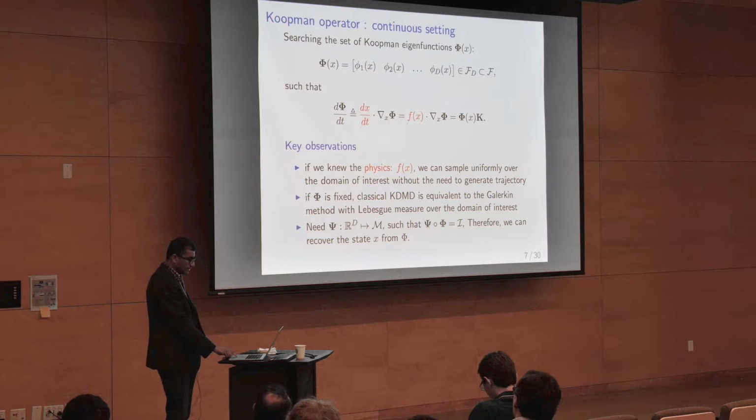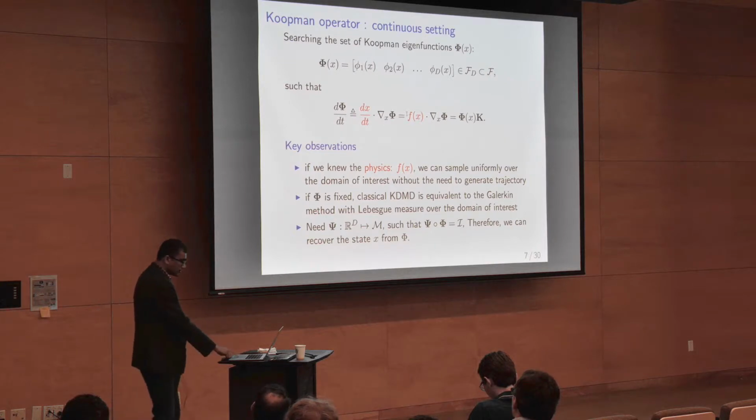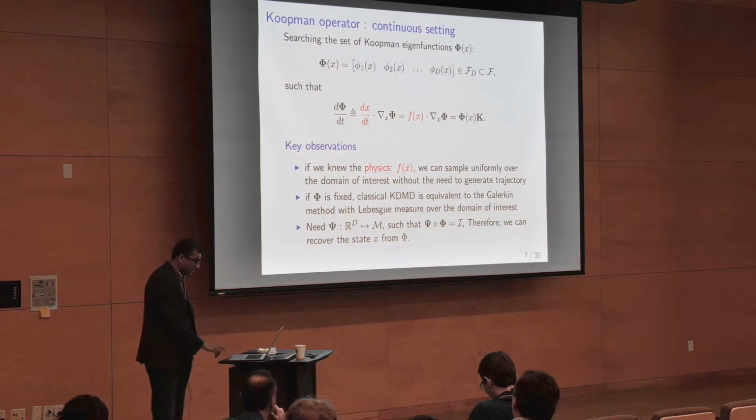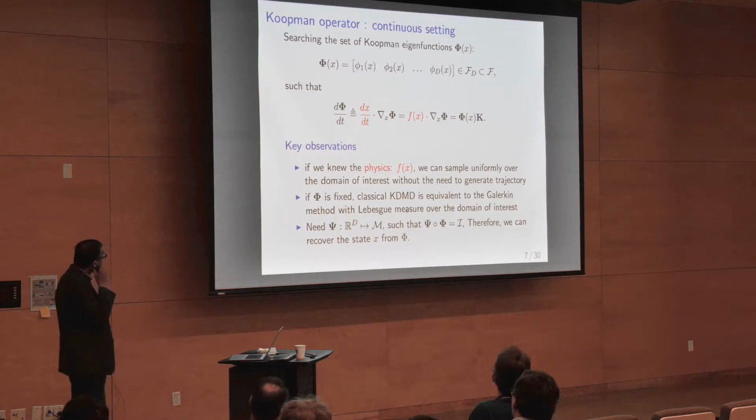So these last two relationships encode the relationship between the Koopman eigenfunctions, the dynamics, and the Koopman operator, right? So that's one thing. There are some details here, but that by itself is not enough.